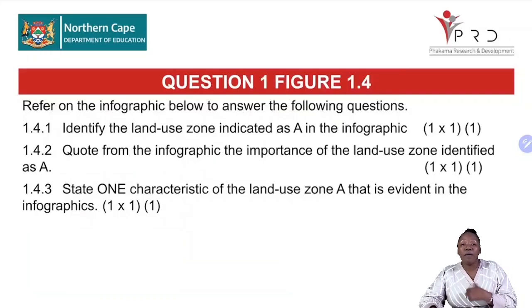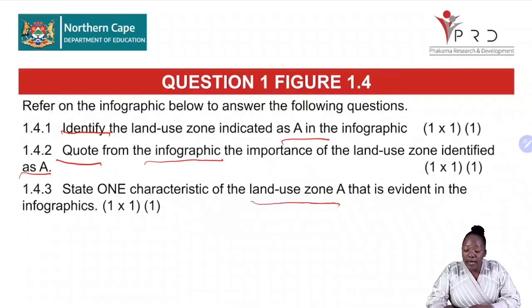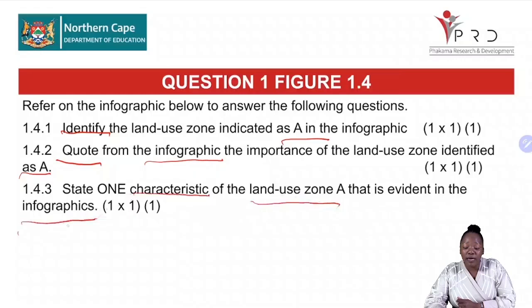So when we go back to the diagram, you now have an idea that you need to identify this land use zone at A. Then the second question, you need to quote from the infographic, the importance of the land use zone identified as A. That shows the importance of reading the infographic. Then the third question, you state one characteristic of the land use zone A. We are looking at a characteristic that is evident in the infographic, which means you cannot give any characteristic that is not evident on the infographic.